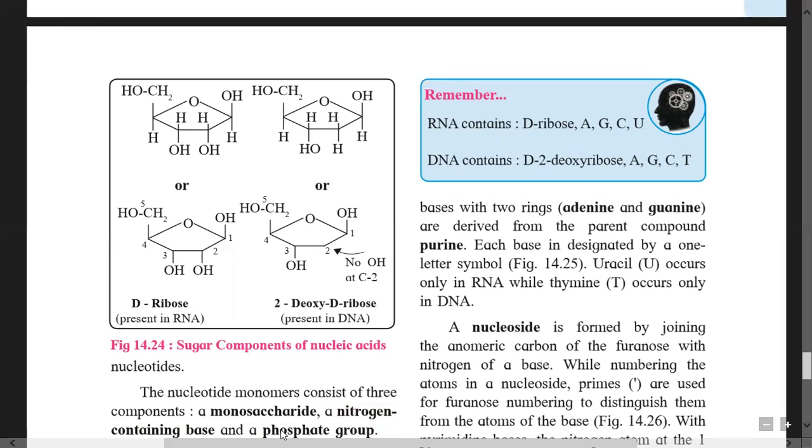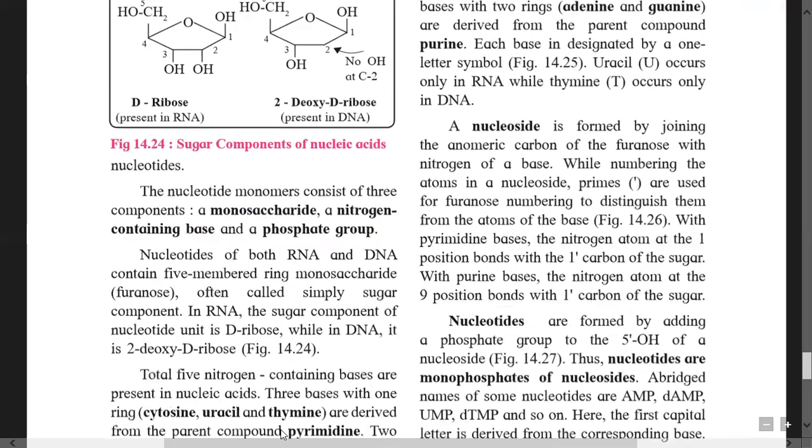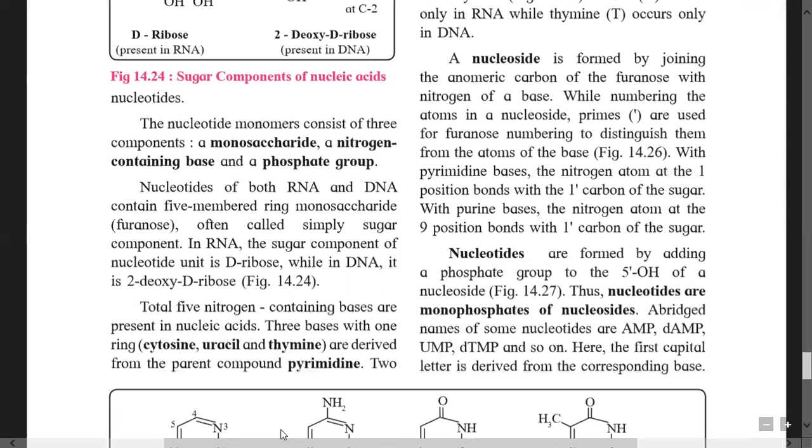Hence it is called a 2-deoxy D-ribose sugar. So remember this very well, that RNA contains D-ribose sugar and DNA contains 2-deoxy D-ribose sugar.